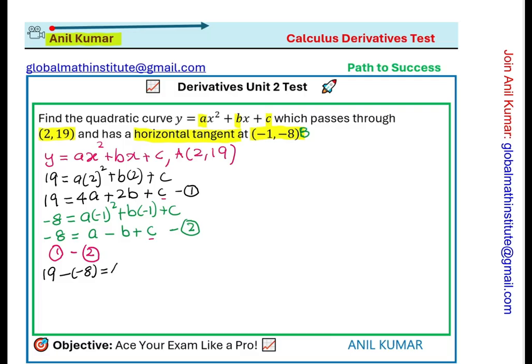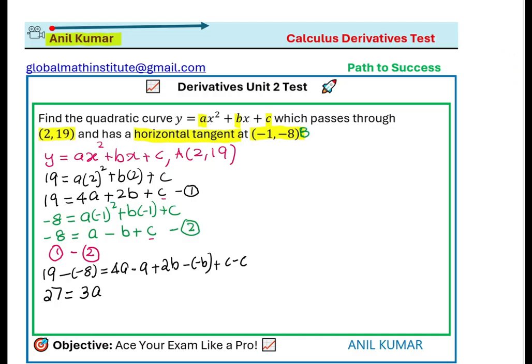And here we have 4a minus a plus 2b minus of -b, and c minus c is 0. Let me write down c minus c. So 19 plus 8 is 27. 4a minus a is 3a, and 2b minus of -b is 3b.